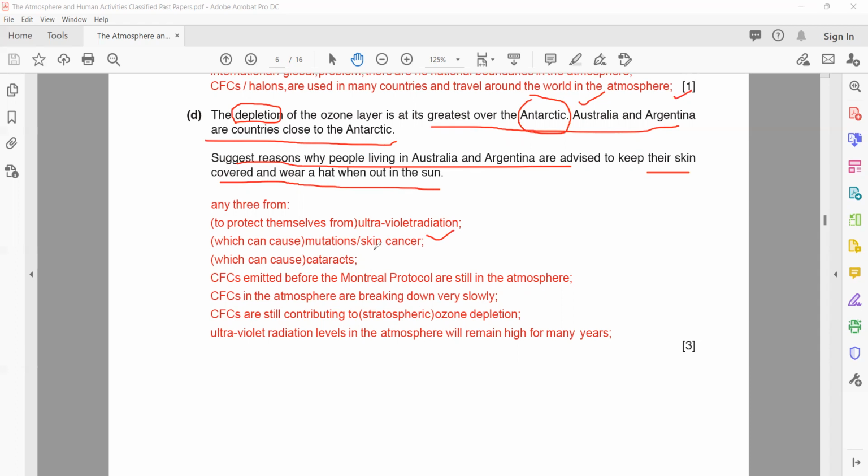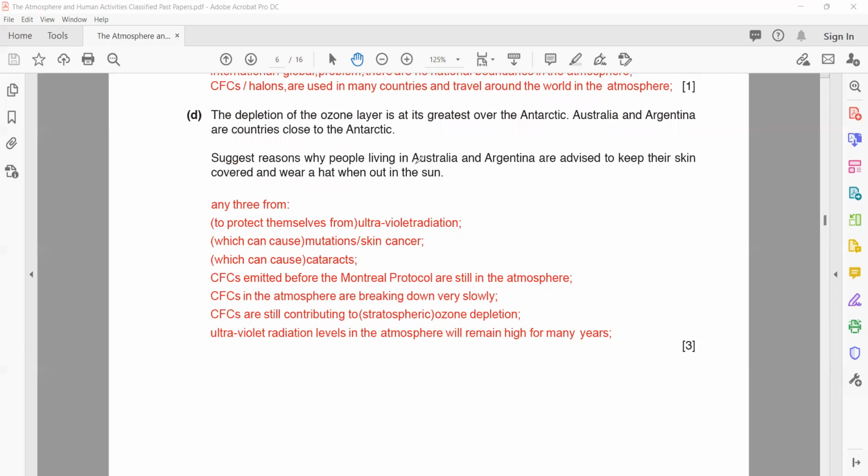So this is how it is happening, and why it is happening, because chlorofluorocarbons are damaging the ozone layer. Now see, all the countries are almost producing carbon dioxide, but the ozone hole is near Argentina and Australia.